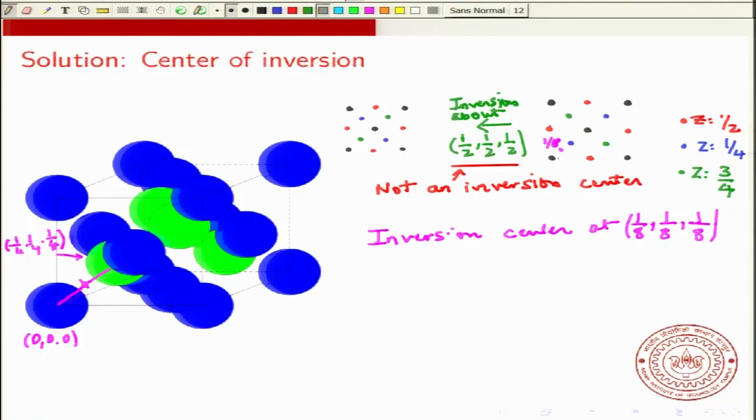So once again, keep in mind that we will only show the inversion center in this small unit. In fact each of these points in between these dots will be an inversion center. So if you take any point bisecting any pair of nearest neighbor atoms, that will be an inversion center.